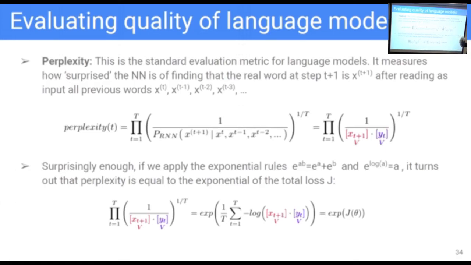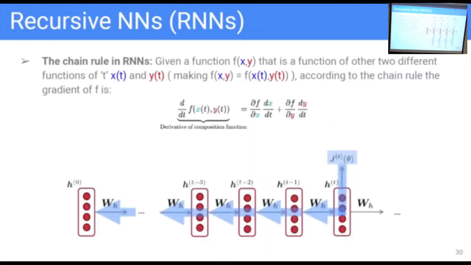And the way we calculate the probability is simply the same dot product as before. We take the one hot representation of the real word and the softmax output of the neural network, and that gives us the value that the neural network was having in the softmax.